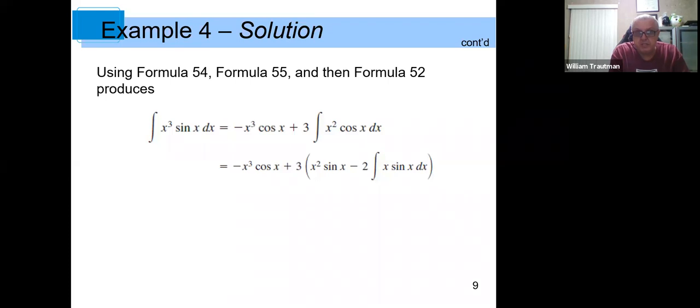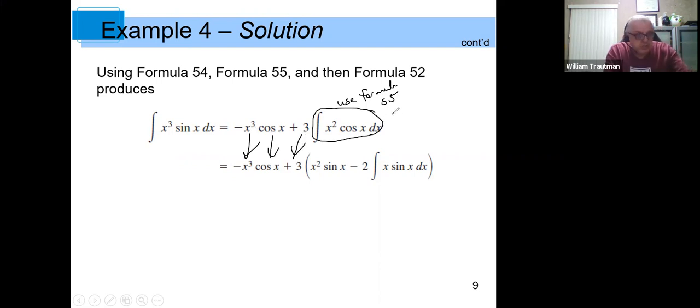So from here, this part here, use formula 55. All this stays the same. And if we look at formula 55, u equals x and n equals 2.